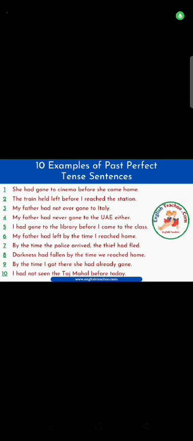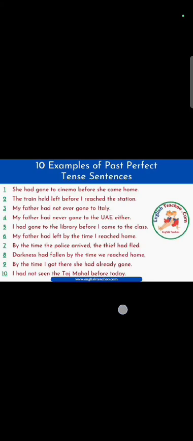Some examples of past perfect tense are: She had gone to the cinema before she came home. The train had left before I reached the station. My father had not ever gone to Italy. My father had never gone to the UAE either. I had gone to the library before I came to the class.